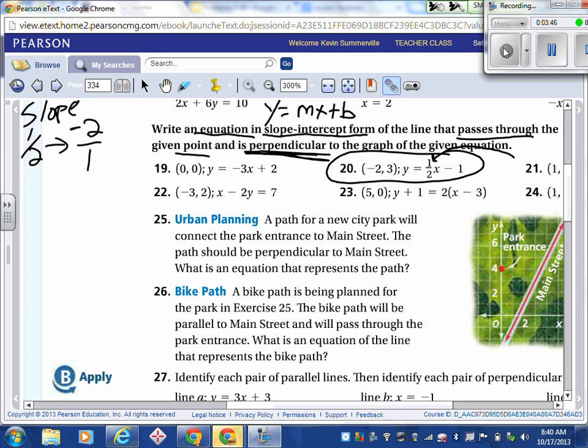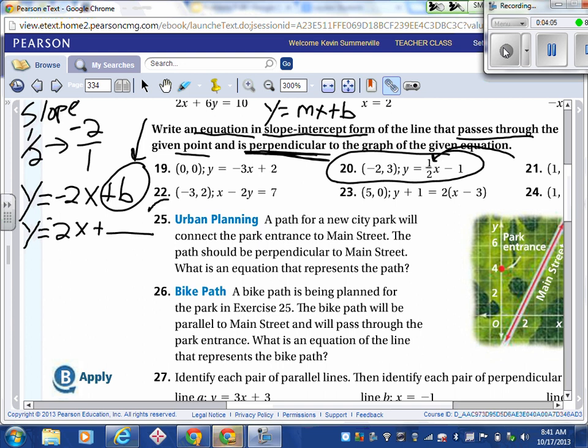So now I'm halfway done with my problem. I could write down y equals negative 2x plus b, and I'm going to come back and solve for b. So when I write y equals negative 2x plus blank, I'm going to put my final answer in the blank. So what do I do first?